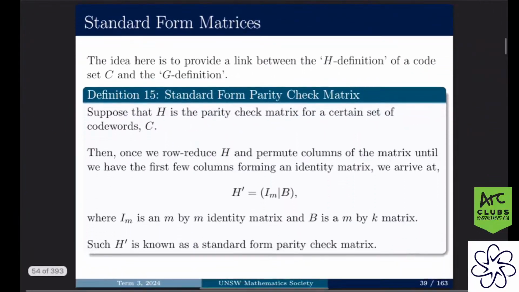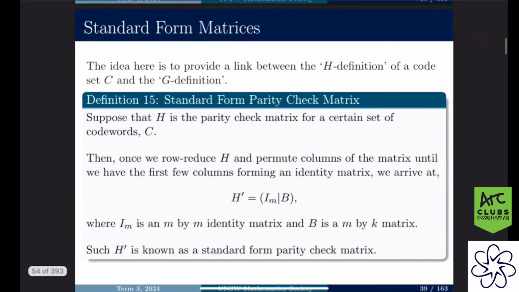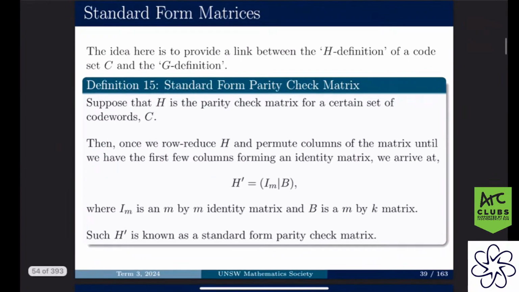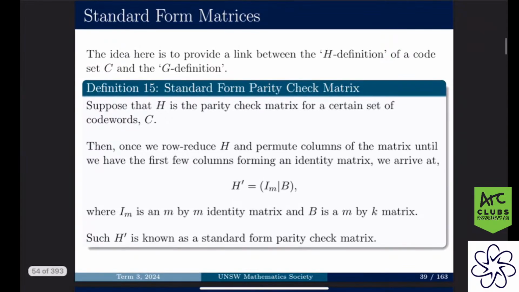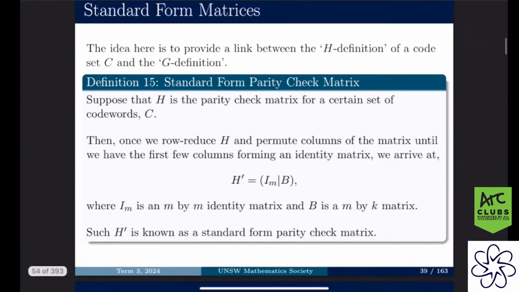Okay, so a standard form parity check matrix. So we're now building off the generator matrix definition. If we suppose that H is the parity check matrix for a certain set of code words C, then we can row reduce H, as we might have seen for the 15,11 binary Hamming code before. We can permute columns of the matrix using valid row echelon operations.